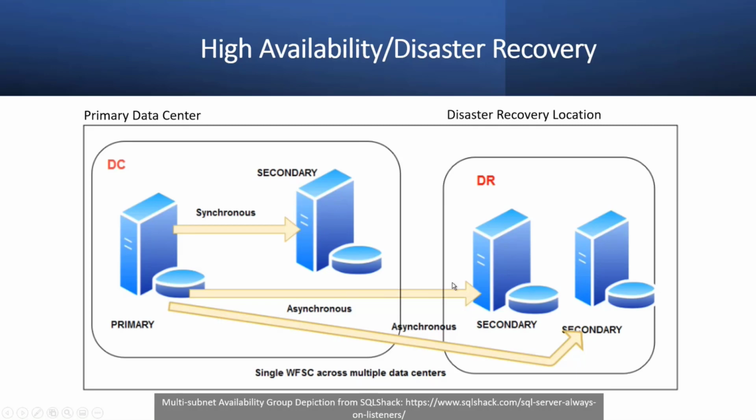And then we have two more computers. All four are part of the same Windows Server failover cluster. The nodes in the disaster recovery site most likely are going to have a different range of IP addresses. The availability group listener then has two IPs that it could use.